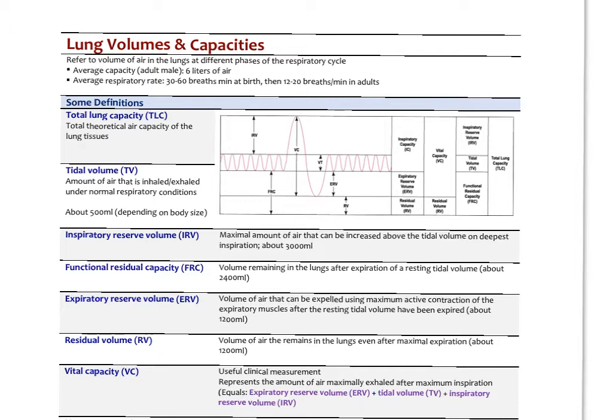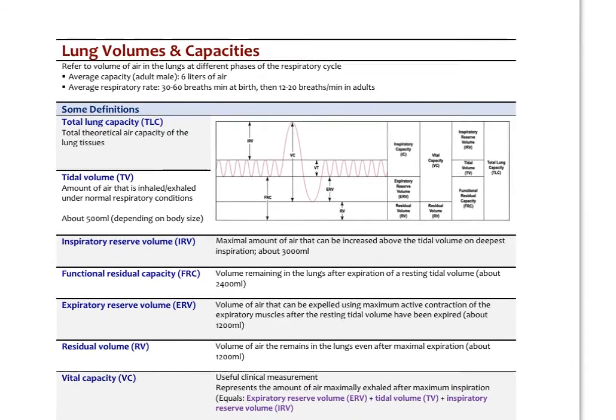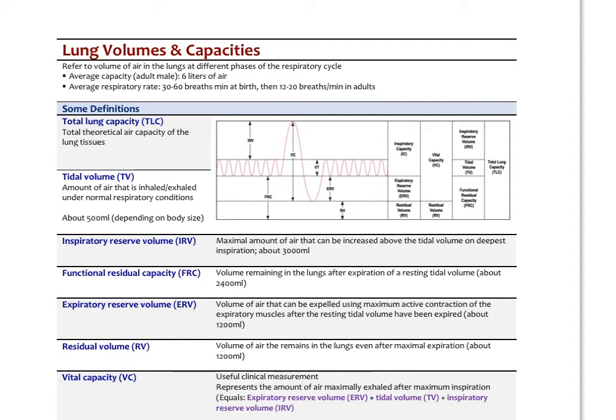The total lung capacity is basically the theoretical air capacity of the lung tissue. So how much can you maximally inspire, how much can you maximally expire, and then that physiologic dead space. So that dead space is called the residual volume, and this diagram to the right here can help us with that. So that's residual volume, and then the total lung capacity, TLC, is basically, if you look at this picture, this little wavy line, this is at rest.